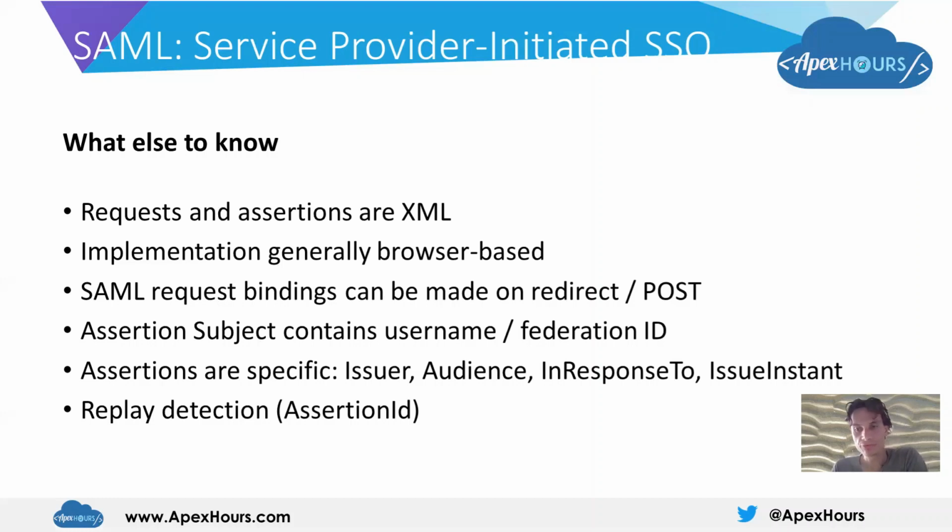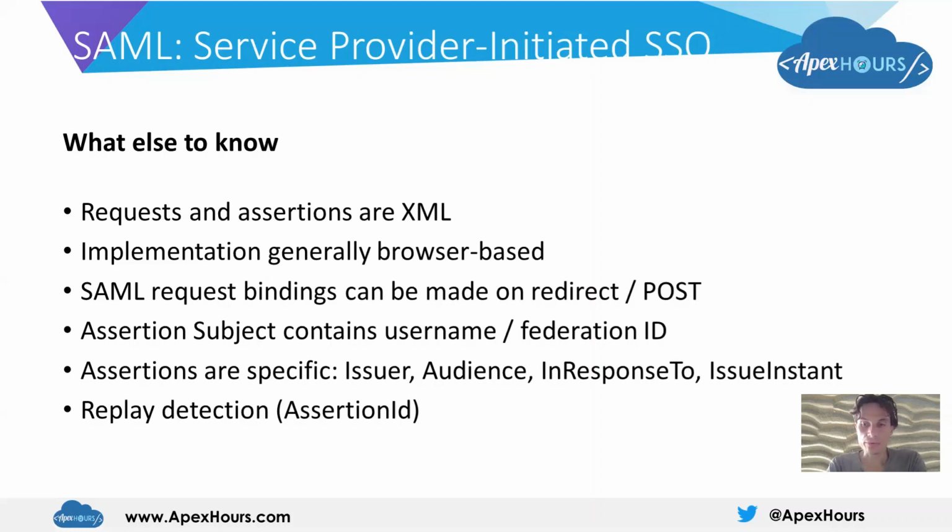There's an in response to attribute that's particularly important for service provider initiated single sign-on. This will reference the SAML request that was made by the service provider, and will be used by the service provider to correlate with the request that it's sent, so that it can check that this is genuinely in response to an assertion request that it's made.